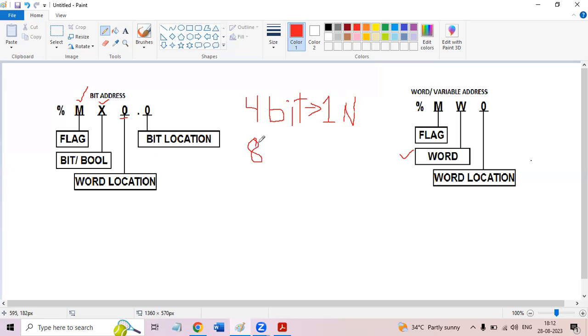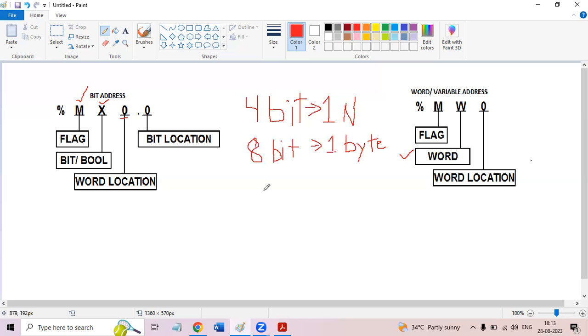When you combine 8 bits, what will it form? 8 bits is equal to 1 byte. So when you combine 8 bits together, it will form 1 byte.